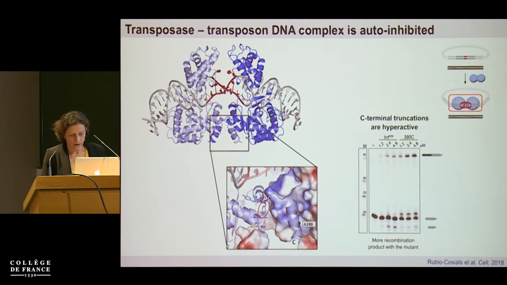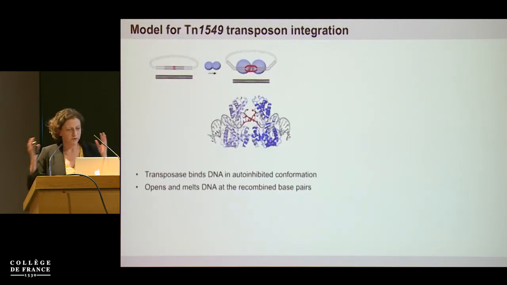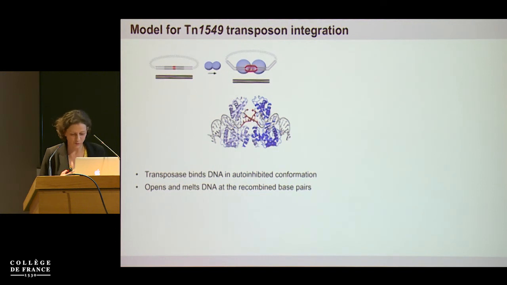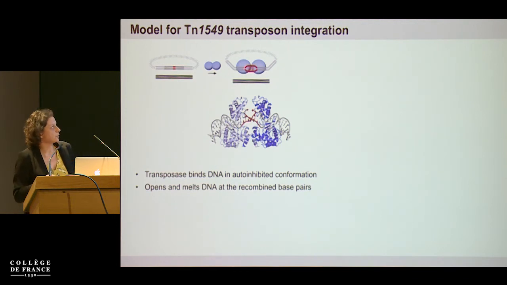This brings me to our current model of transposition, and I will try to explain how we think this transposase allows the transposon to move into very diverse sites. Our data has shown that the transposase binds to the transposon DNA as an auto-inhibited inactive dimer, but it already melts the central part of the DNA so as to prepare it for recombination afterwards.